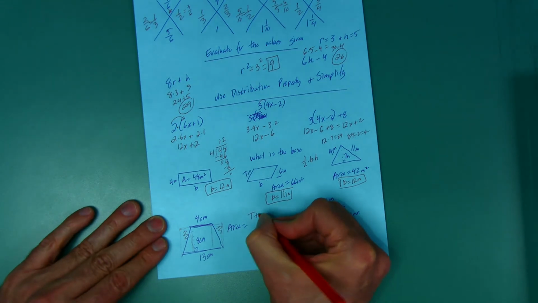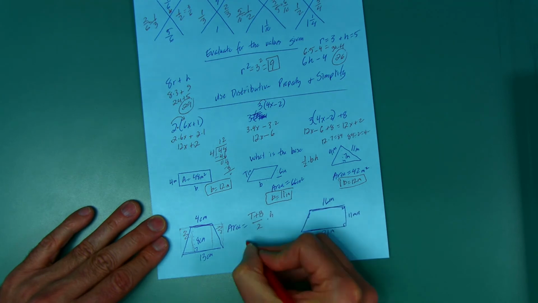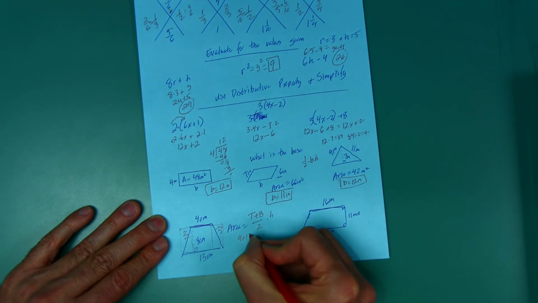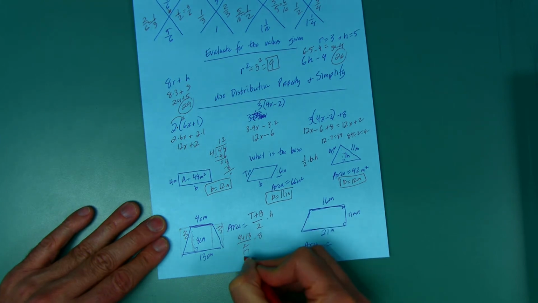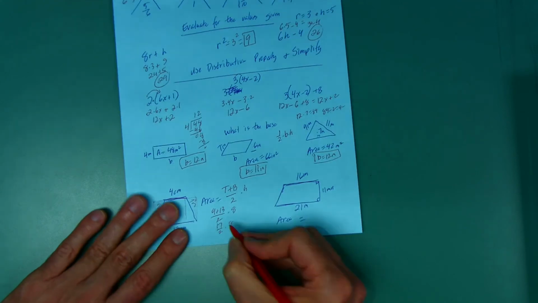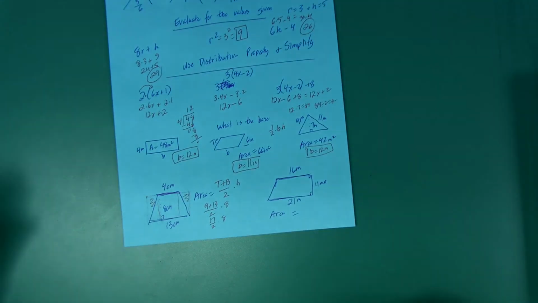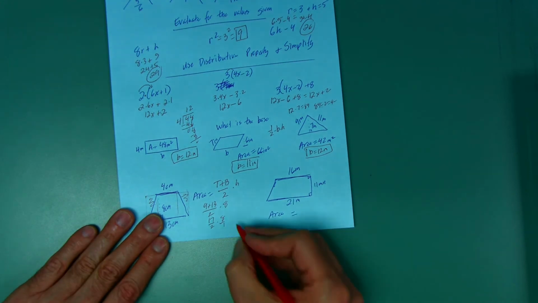And remember, so it's the top plus the bottom divided by 2 times the height. So 4 plus 13 divided by 2 times 8. 17 divided by 2 times 8, and 17. If I just want to multiply fractions, I can just put a 1 under the 8, right?